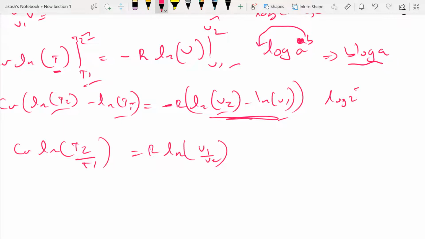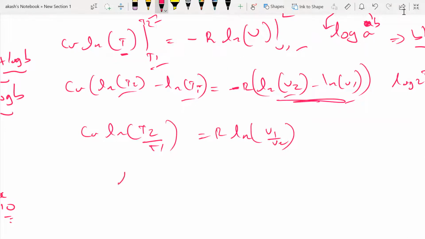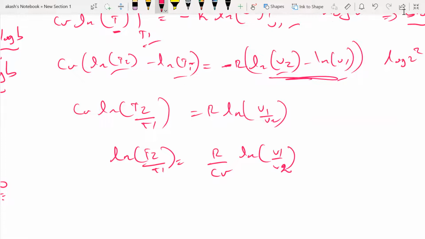For example, log of 2 power 2 will be written as 2 log 2. Let us apply this here. I can rearrange these things to go like this: ln T2 by T1 is equal to R by Cv into ln of V1 by V2.